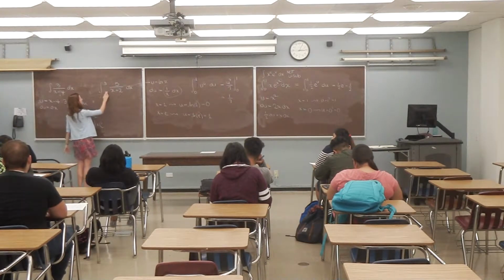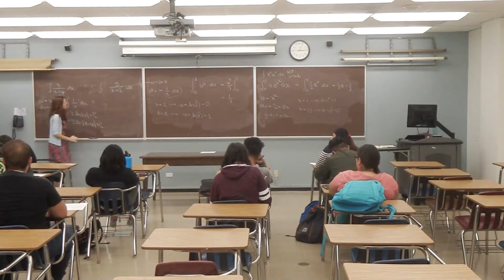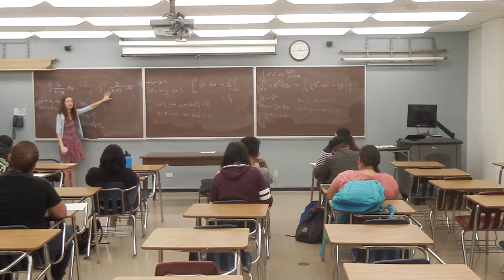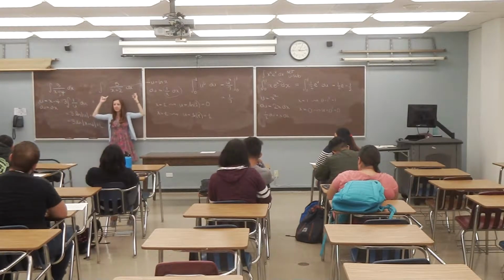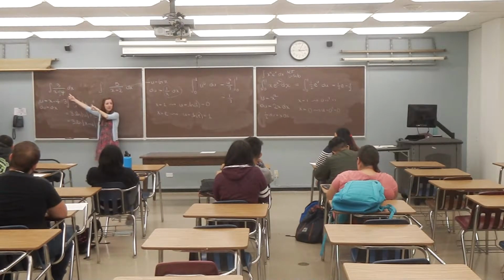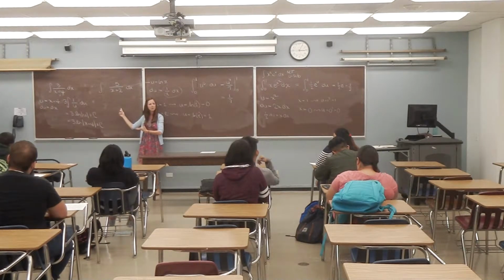Maybe I'll erase the bounds for just a second. And if I looked at this problem, I would see that this problem is virtually identical to this one, right? And so if we were going to do Karen's method of solution, what would we be doing here?